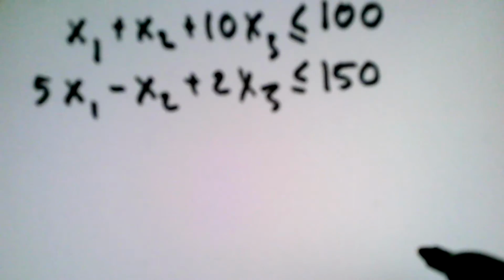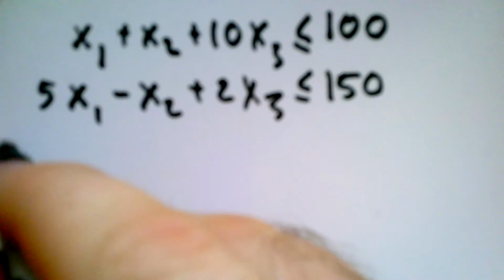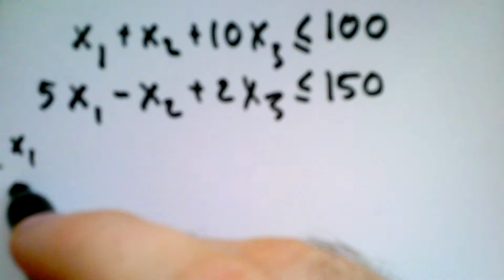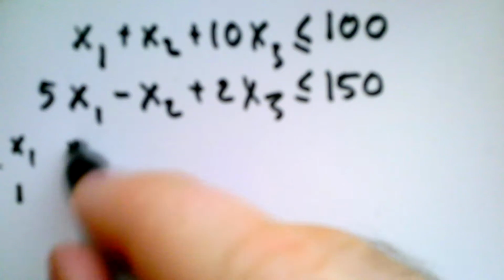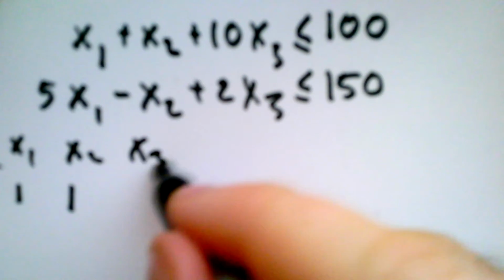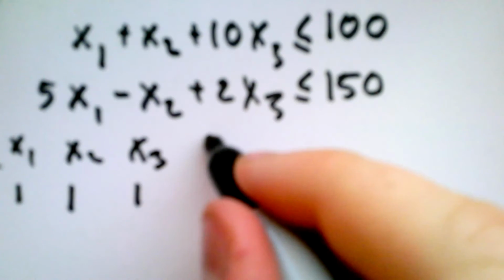So let's set up our matrix. I'll leave these here. So here's our x1 row of our matrix. I'm going to put a 1 here. Here's our x2 row of our matrix. We'll put a 1 here. And here, x3 of our matrix, we will put a 1 here. We have two equations, so we'll have two slack variables.